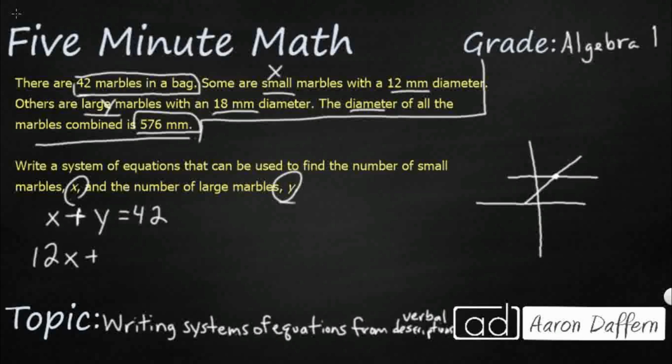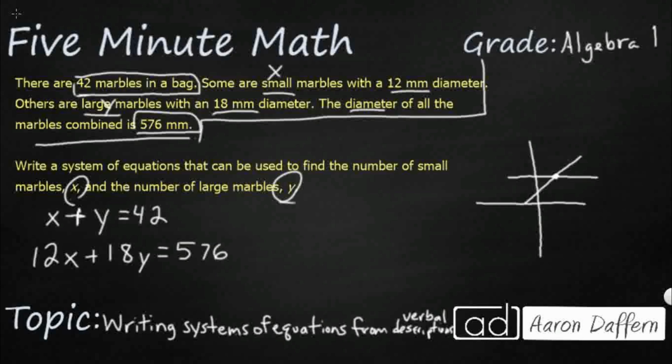And if I add those diameters to my large marble diameters, remember they're 18 millimeters each, and y represents my large, what is my total? This doesn't help me unless I know the total for all the diameters combined, and we've got that, 576.